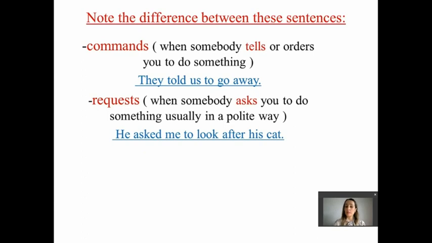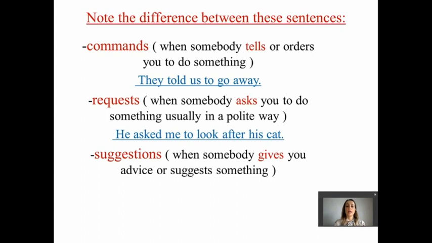He asked me to look after his cat. And the last ones are suggestions. Suggestions are when somebody gives you advice or suggests something. Here is an example. She suggests I should go to the doctor.